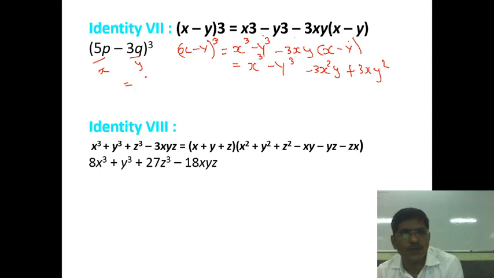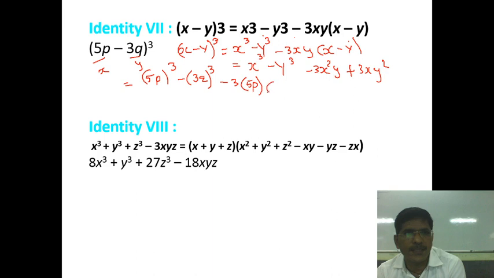So first (5p) whole cube minus (3q) whole cube minus 3 into x, that is 5p, y, that is 3q, and in bracket 5p minus 3q.